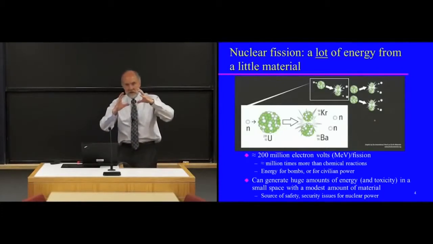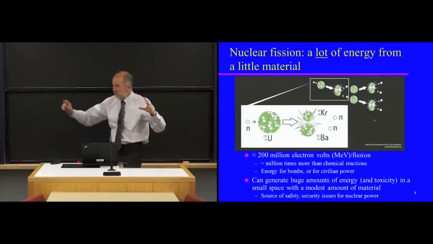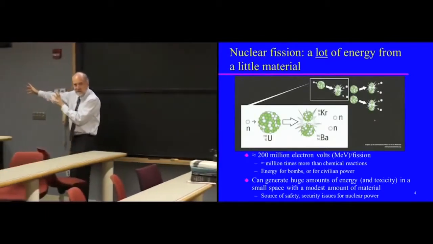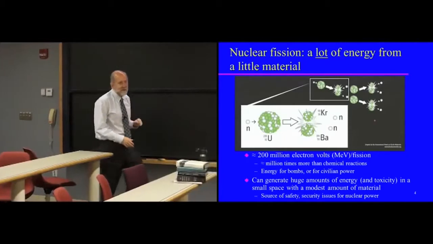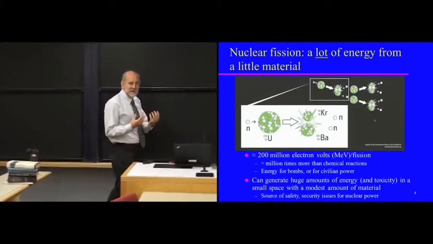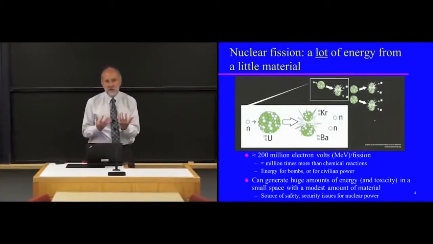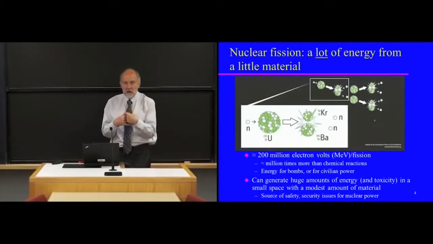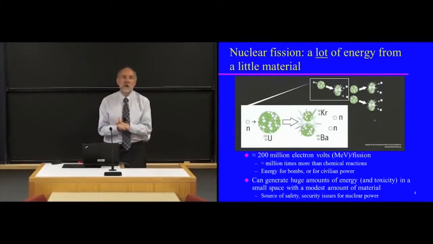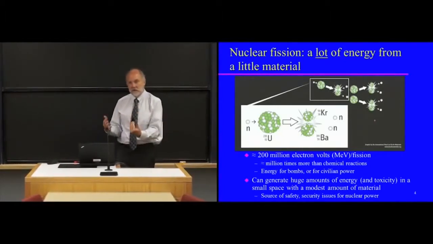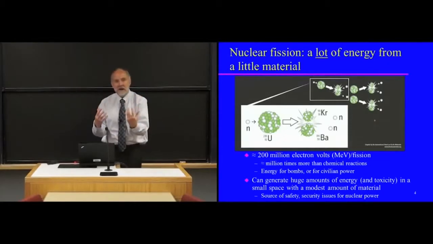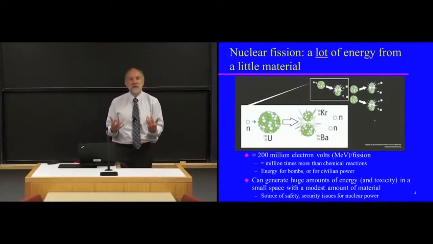If this is the nucleus of an atom, then the electrons are way over here someplace and over there someplace. So they're much more loosely bound. These nuclear forces are much stronger holding that atom together. So when it splits, it releases this huge amount of energy, 10 million times more than the typical chemical reaction as in a conventional explosive. And so that's why you can get so much energy out of one bomb.